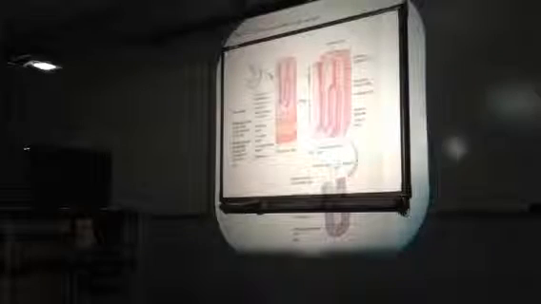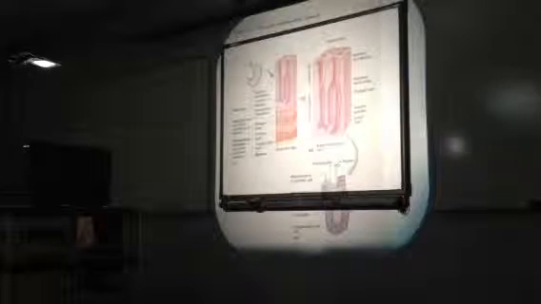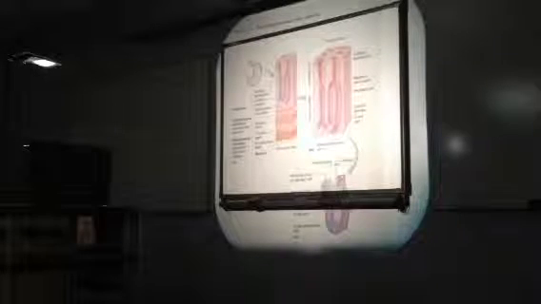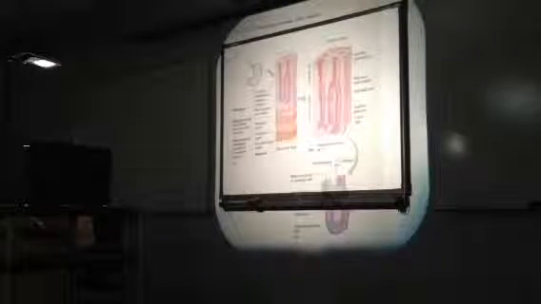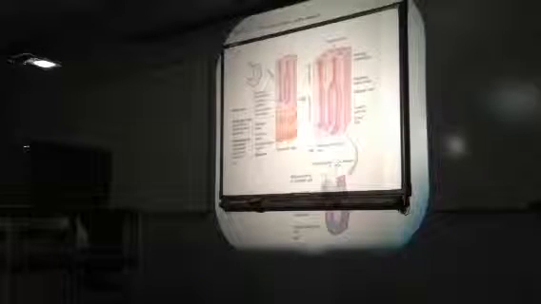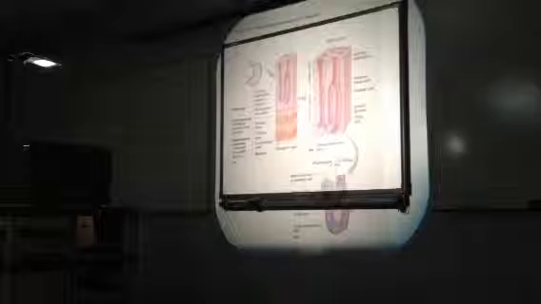Okay, now of course we need to regulate our gastric secretions. We certainly want to secrete them when they're needed, but we don't want to secrete them when they're not. And we find that there are two substances involved in the regulation of gastric glands. The first is somatostatin. That should sound kind of familiar.